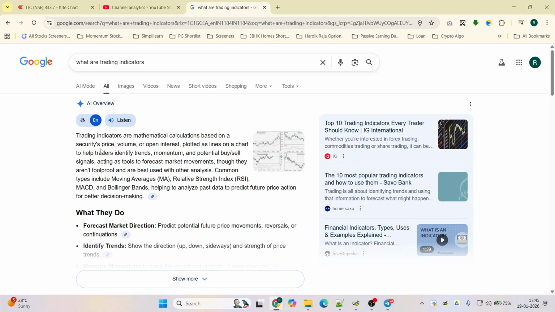Say, for example, if you have seen our previous support and resistance videos, or the breakout video which I posted earlier, all these things, breakout or trend following, or how a trend is determined, we calculate based on higher highs and higher lows, and if it's a downtrend, on lower highs and lower lows.